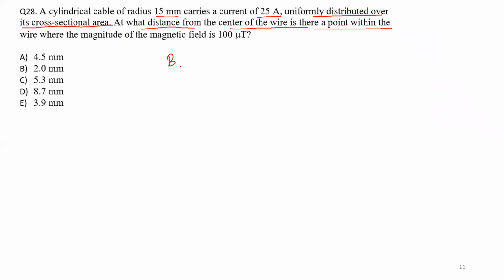So you know that B1, which is B inside, when r is smaller than capital R, is just mu naught current I divided by 2 pi R square multiplied by the distance r. Great. So here I gave you B1. B1 is 100 microtesla, 10 to the power minus 6 Tesla, so basically it's 10 to the power minus 4 Tesla.